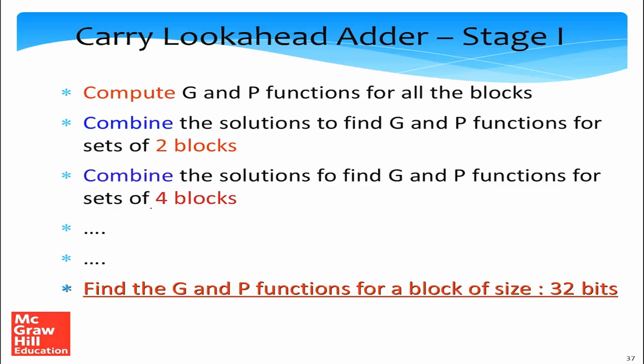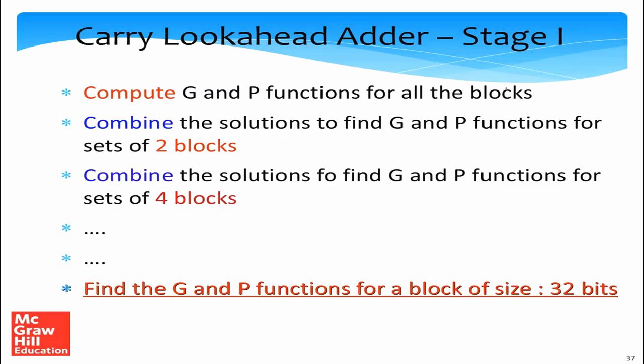First we find the solutions for GNP functions of all the single bit pairs. We combine the solutions to find GNP functions for sets of 2 blocks. Then we combine the solutions to find GNP functions for sets of 4 blocks, and so on. So basically, 2 blocks means 2 blocks of bits.